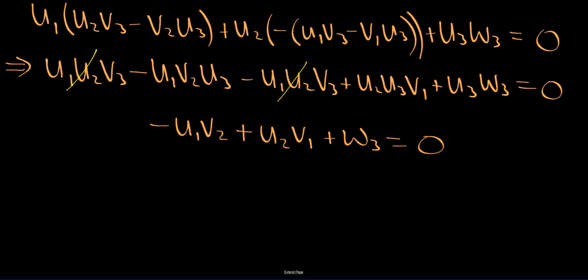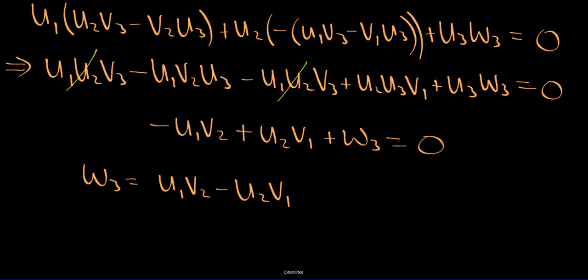Now I can solve for W3. We have just found our vector. We have just about found our vector, because look at this. We're saying that W3 is equal to this: U1 V2 minus U2 V1.